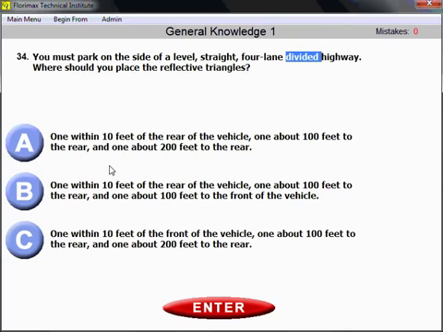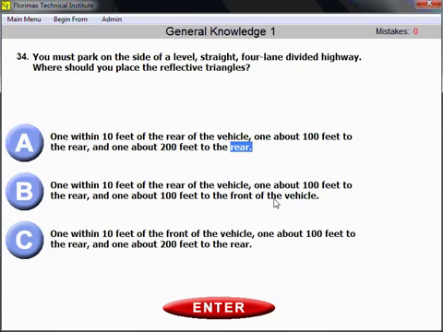And please remember, one needs to be put 10 feet to the rear of your vehicle. The second one, 100 feet to the rear of the vehicle. And the third one is 200 feet to the rear. It's not difficult to choose the right answer. 3 times rear: 1 rear, 2 rear, 3 rear.